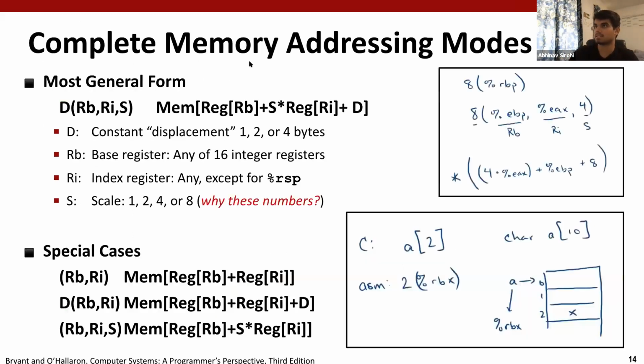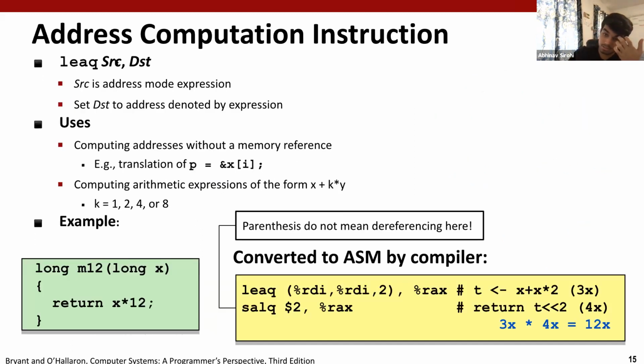So this whole expression that we have here, something like this, any of these two things. So that would be your source. And then the destination is where you want to put whatever you get, right? So whatever you get by computing that address expression, you put that in the destination.